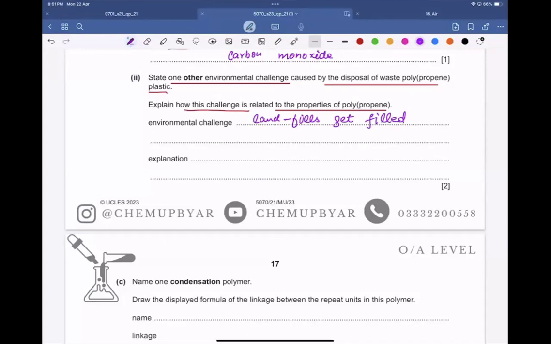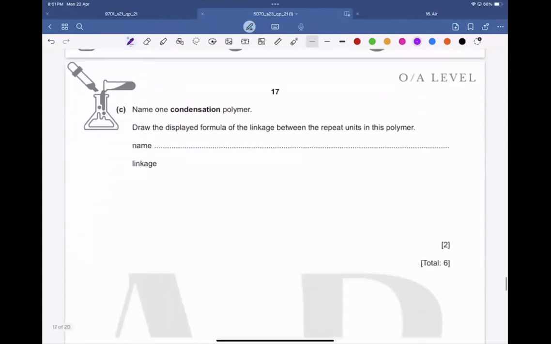How can we explain it? Because these are non-biodegradable and do not react. That's why they stay as they are. They cannot be decomposed. Yes, that can also be considered correct, Hania.